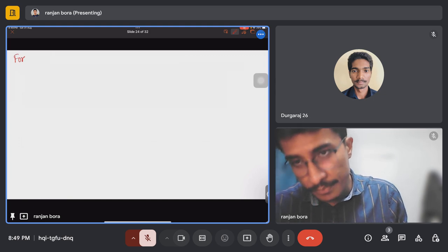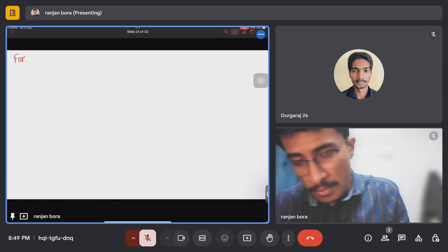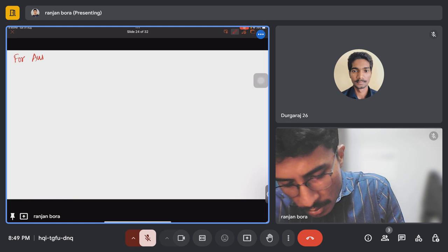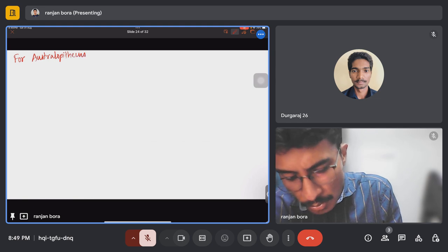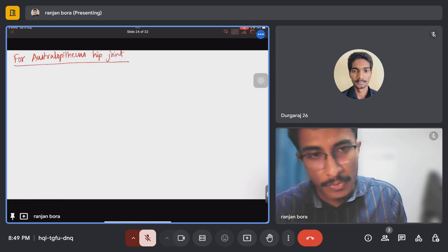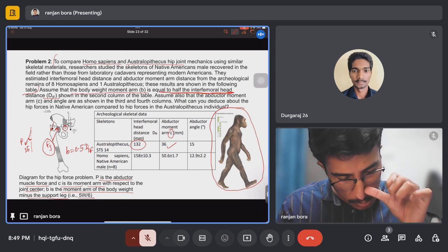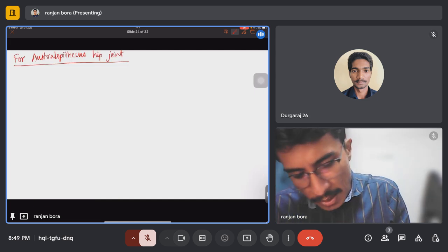For the Australopithecus hip joint, for this hip joint, DIF is 132 mm.